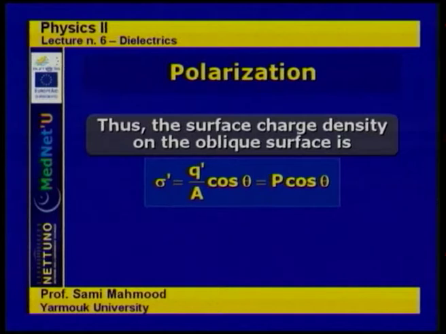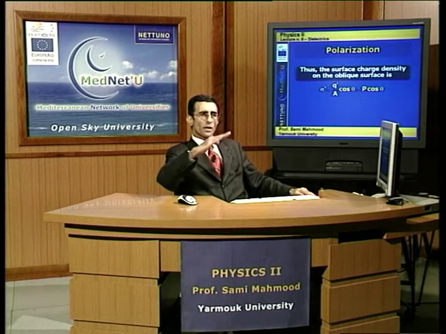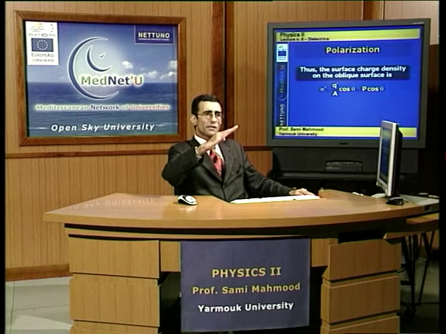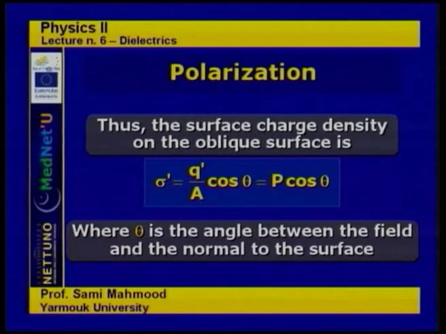That means sigma prime is simply P cosine theta, which is smaller than sigma on the perpendicular face. That means if the face is oriented at some angle with respect to the electric field, then sigma is reduced by a factor cosine theta. Theta, as we mentioned, is the angle between the field and the normal to the face.